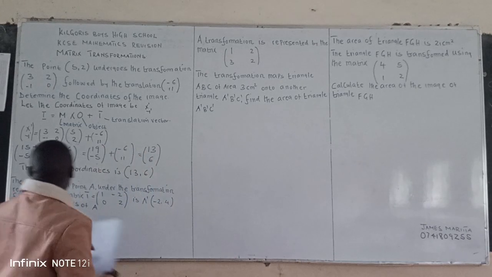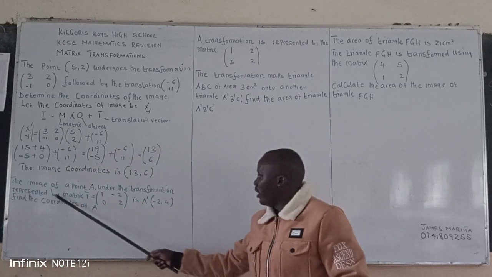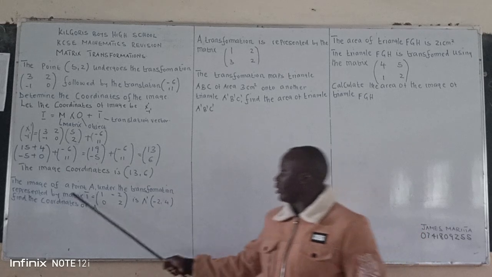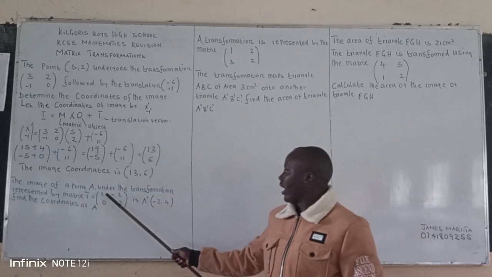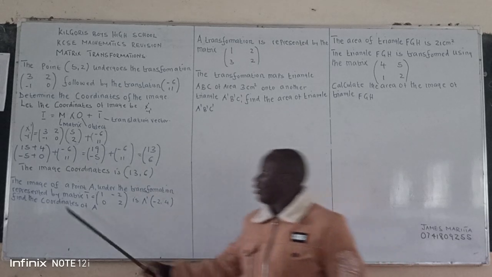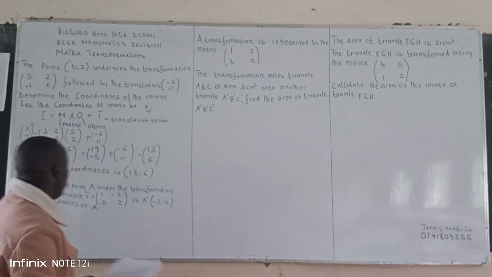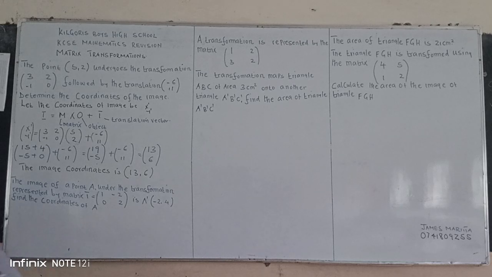Then we have number 2. The image of a point A under a transformation represented by the matrix T = (1 -2; 0 2) is the image (-2, 4). Find the coordinates of A. Let the coordinates of the object A be (x, y).